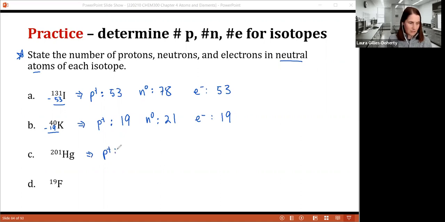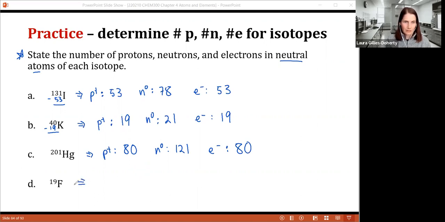So by definition, mercury has 80 protons. So we take 201, its mass number, minus the number of protons to give us the number of neutrons. 201 minus 80 gives us 121 neutrons. And this is a neutral atom of mercury, so the number of protons and electrons is going to be equal.